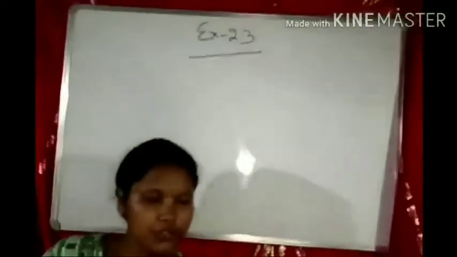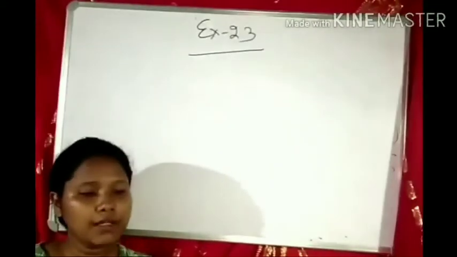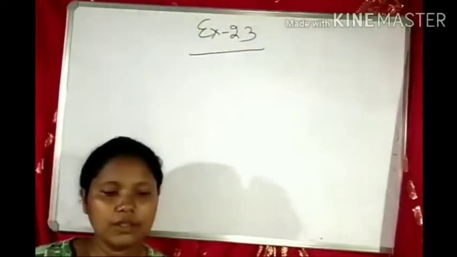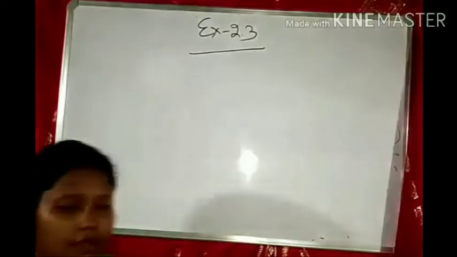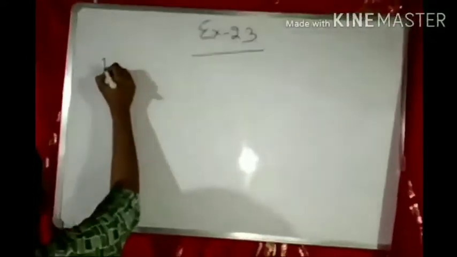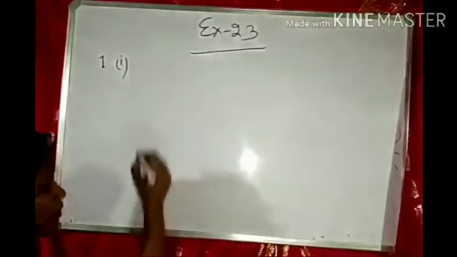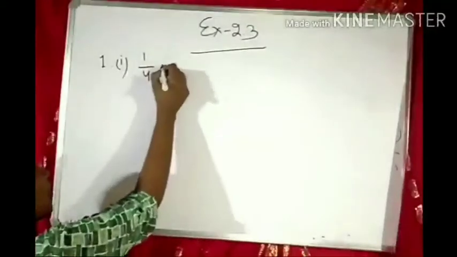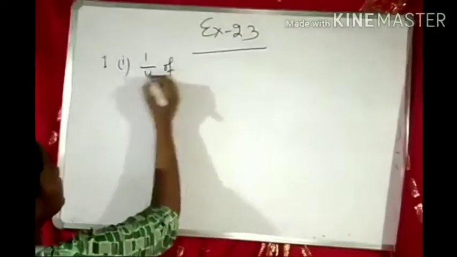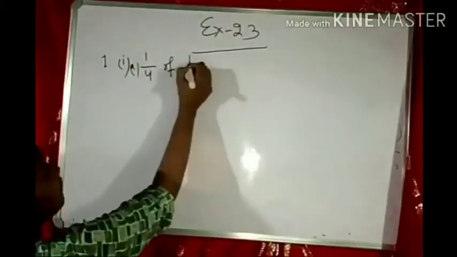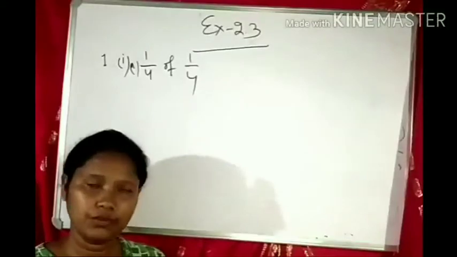So question number one is: find 1 by 4 of 1 by 4, 3 by 5 and 4 by 3. Bit one: 1 by 4 of 1 by 4.